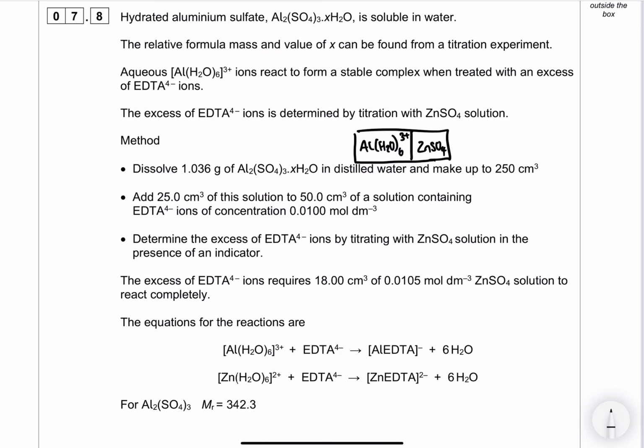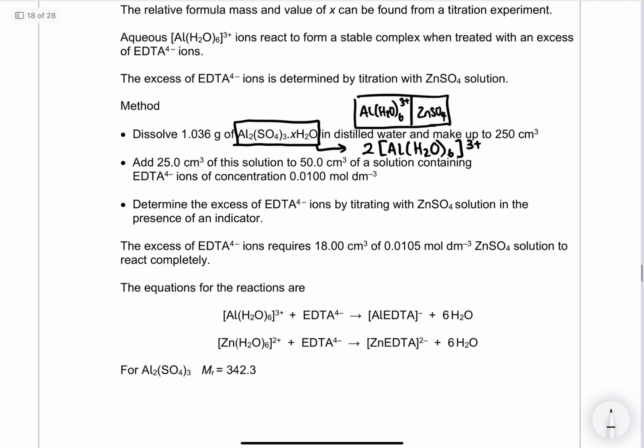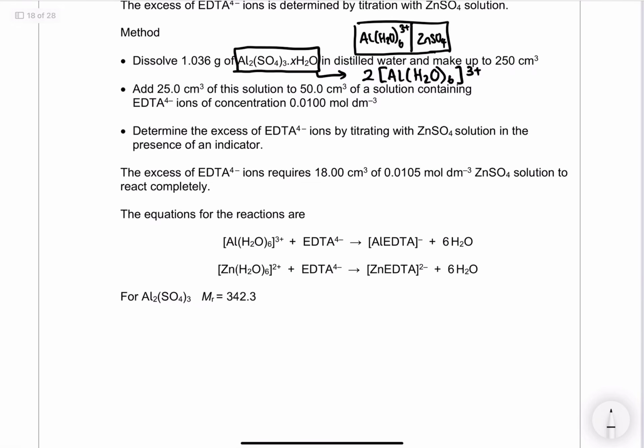1.036 grams of the hydrated aluminium sulfate. We do need to bear in mind that that would form 2 Al(H2O)6 3+, remember the equation we wrote back on the previous page. It was put into distilled water and made up to 250.